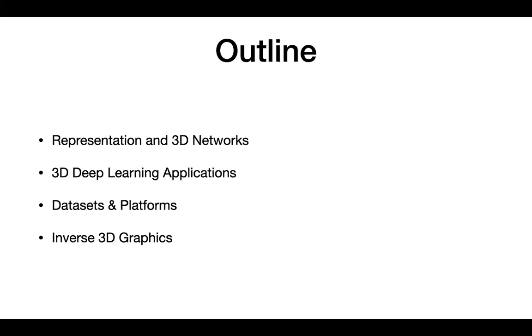But sometimes we don't have enough data, or the data is not in the format that we need. And for this, we are going to take advantage of the fact that in AI graphics we can do both synthesis and analysis of data. And this is the area of inverse 3D graphics, because in graphics you basically use the rendering process to create an image.